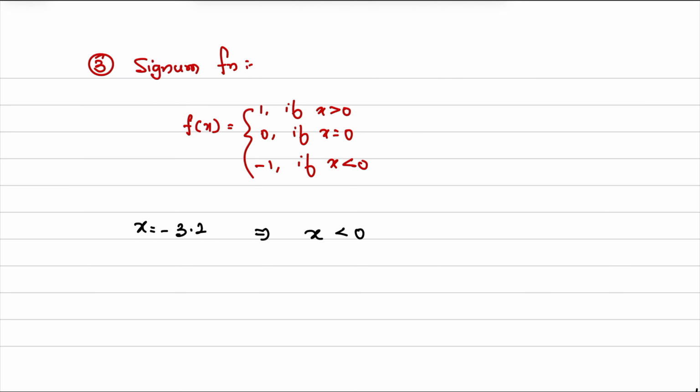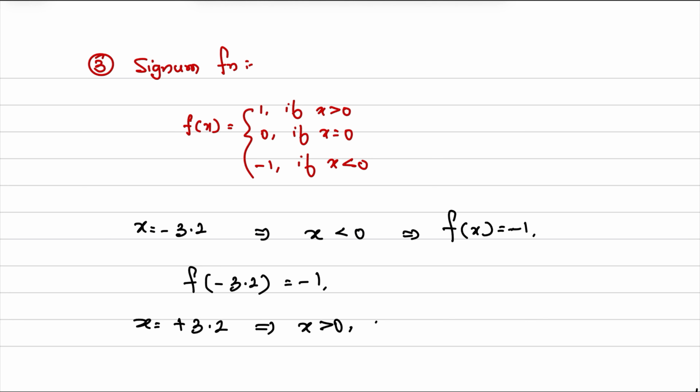When x is less than 0, function x is equal to minus 1. That means function of minus 3.2 is equal to minus 1. It's constant. If x is equal to plus 3.2, that implies x is greater than 0. That implies function x is equal to plus 1. That means function of 3.2 is equal to 1.